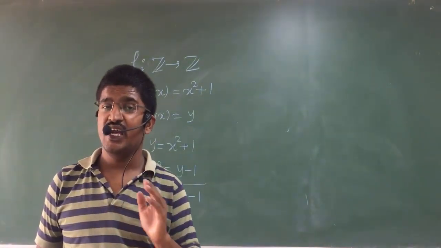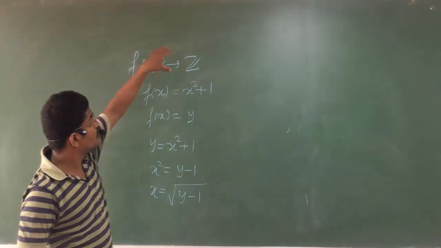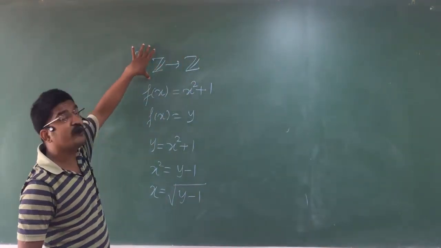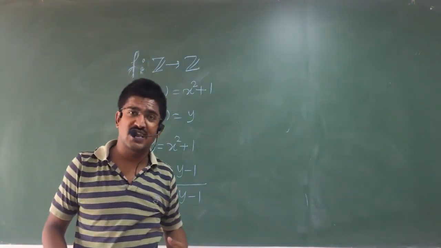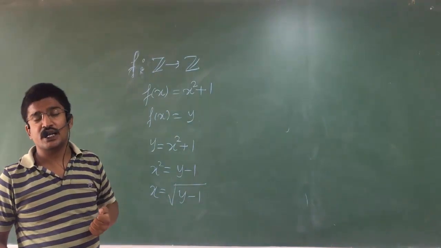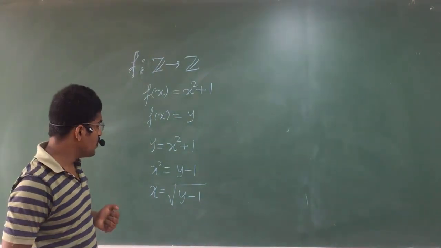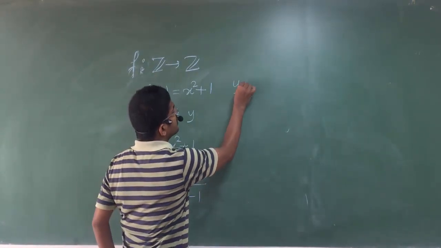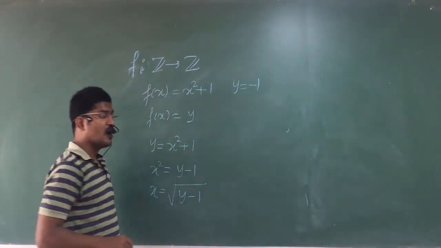As I said, you have to check your codomain for every element. Is there a pre-image in the domain or not? That I have to check. So y is in the codomain. I will choose y equal to minus 1.